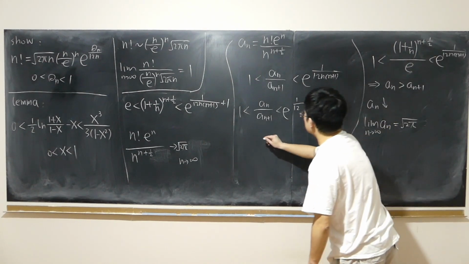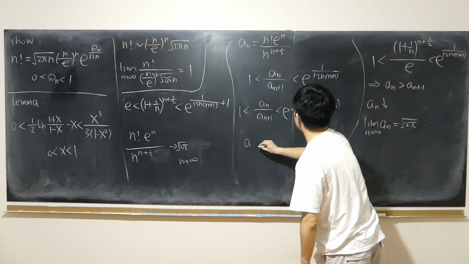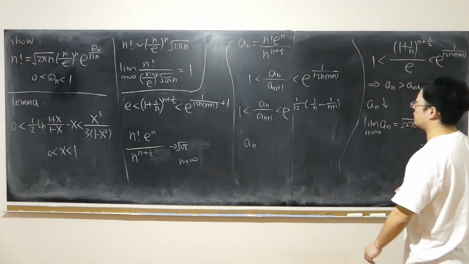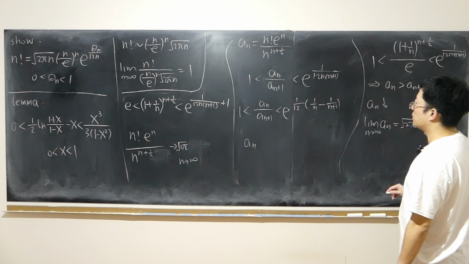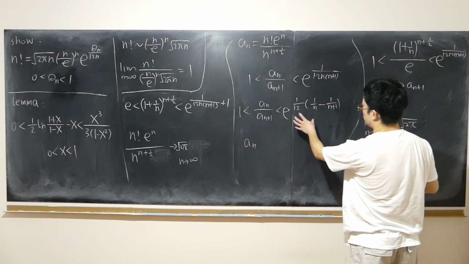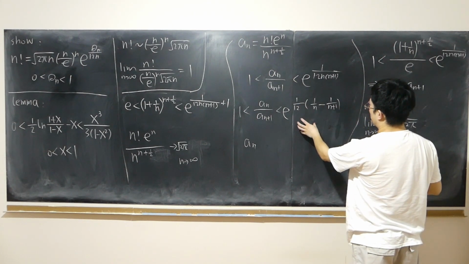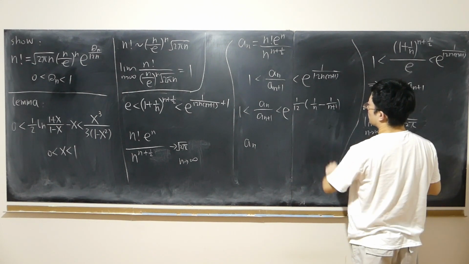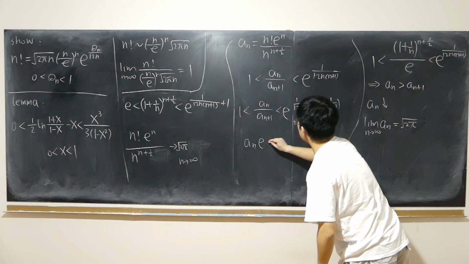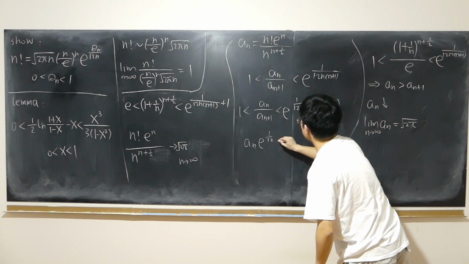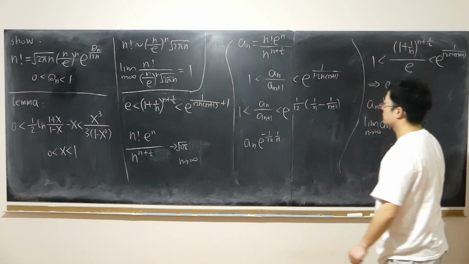So that means an multiplied by an plus 1 over an, multiplied at the same time by e to the power of 1 over 12 times 1 over n negative.